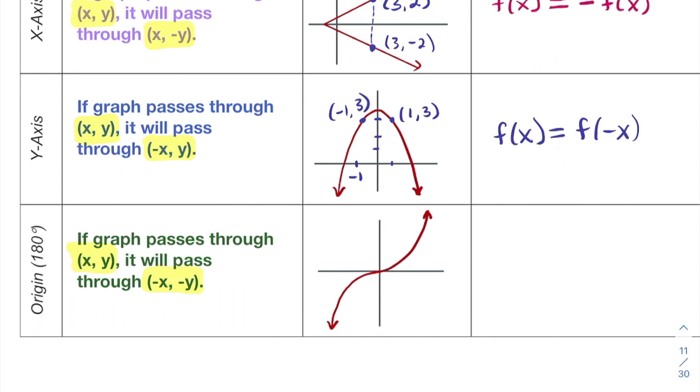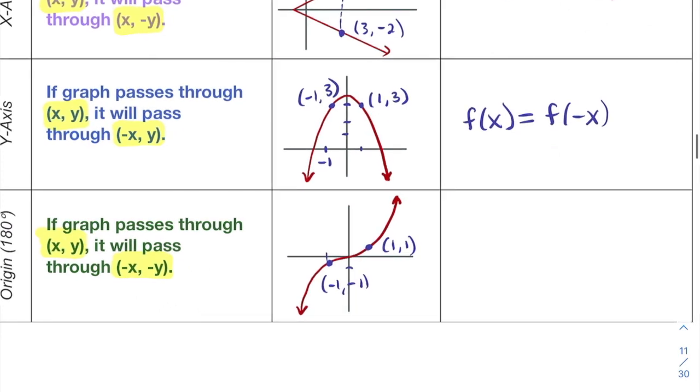We make both negative. So let's say here, this is the point 1, 1. If I think over here, the x becomes negative, the y becomes negative, so it would make sense that it's going to be -1, -1.